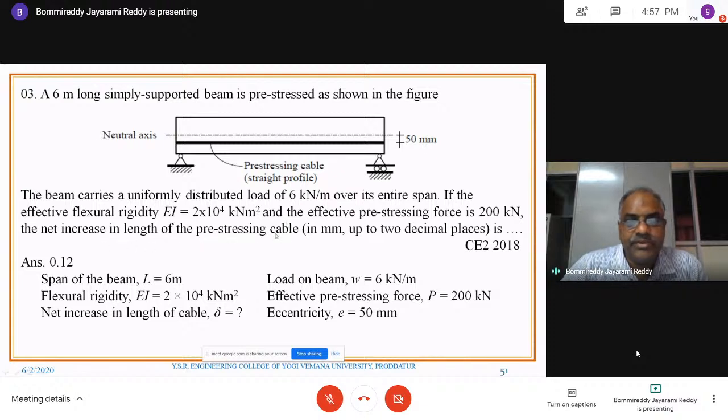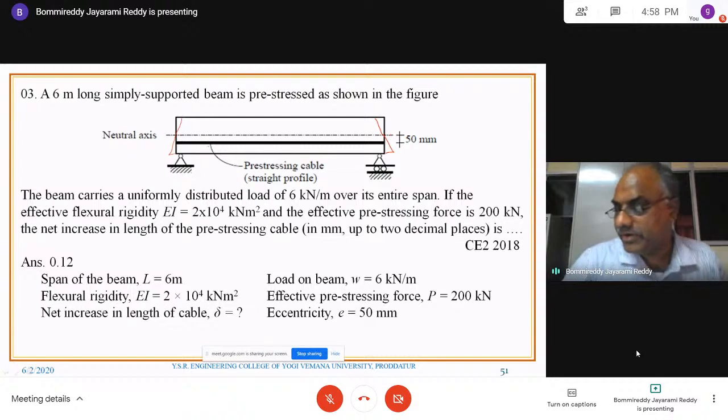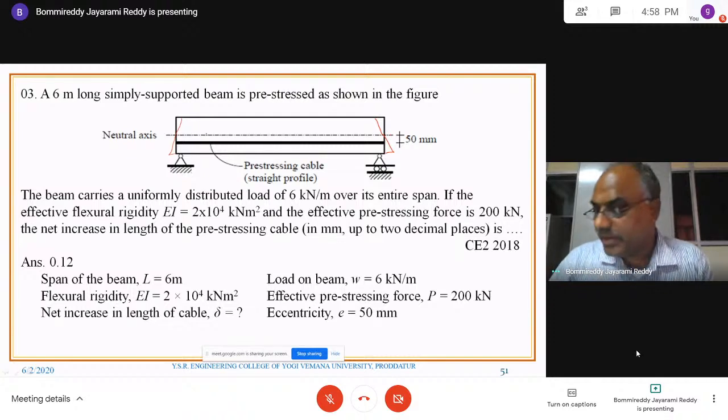What is going to happen in this particular case is, because of the load acting on it, the bottom is under tension, the top may be under compression. The original beam is going to extend like this. So what is it that is going to increase?